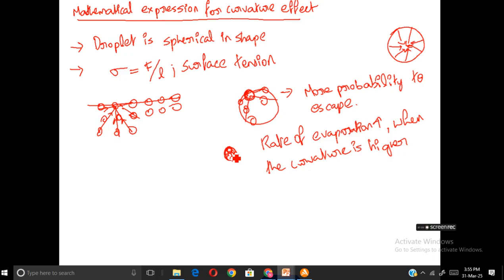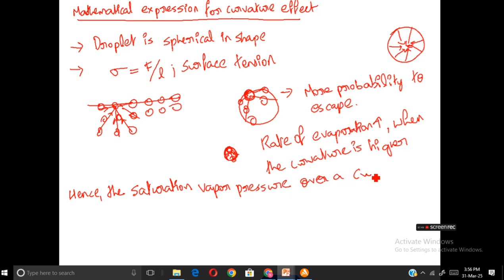So basically the saturation vapor pressure over a curved surface of water would be larger compared to the plain surface of water. That is basically known as the curvature effect.